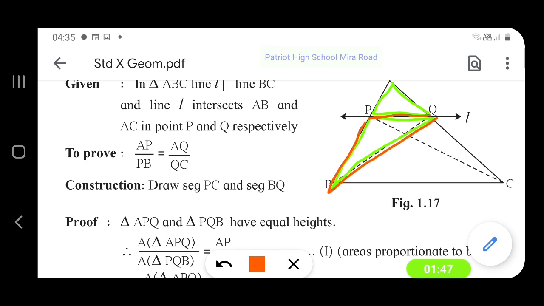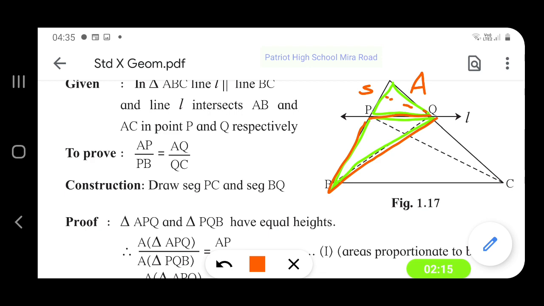So these two triangles, triangle APQ and triangle PBQ, will be having the same height. This will be the height QS. Suppose you name this point as S. So QS will be the height for the two triangles.